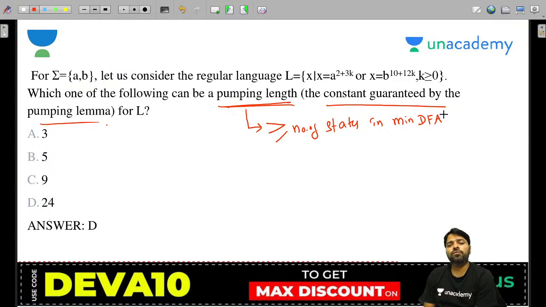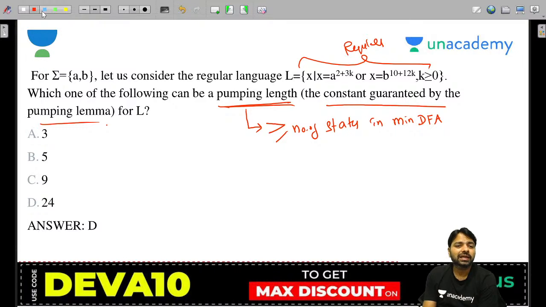So first you should know how many states there are for this one, because it is a regular language, guys. So definitely there is a DFA with some states. You need to understand the problem first.